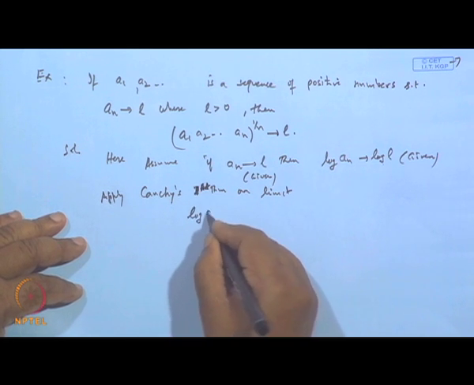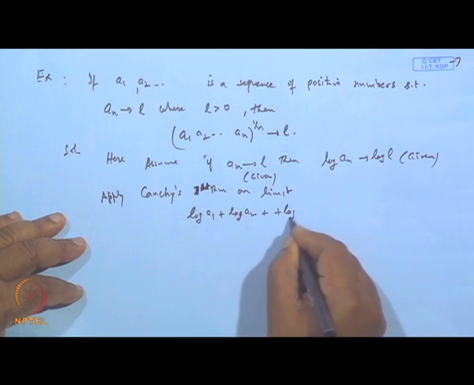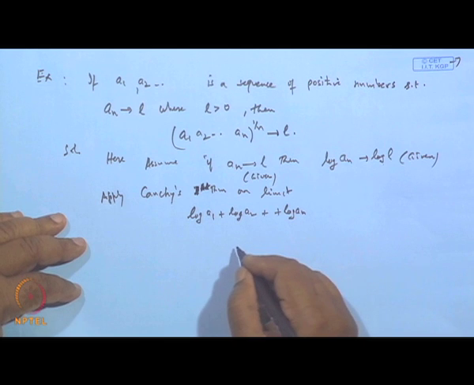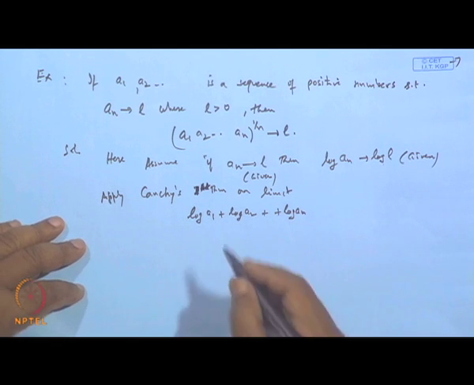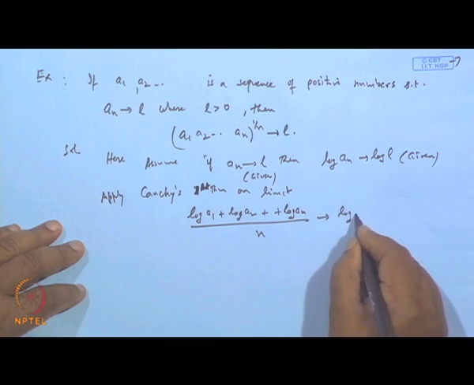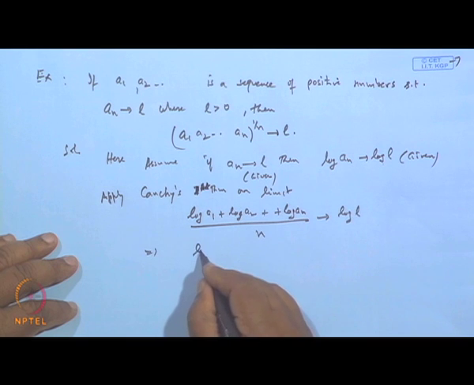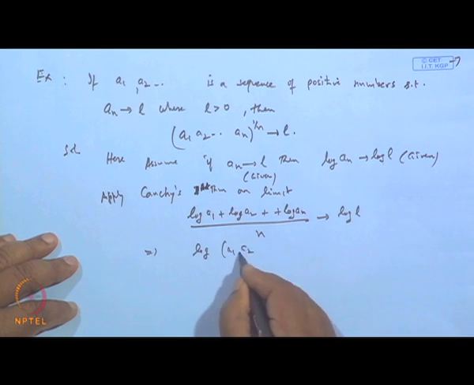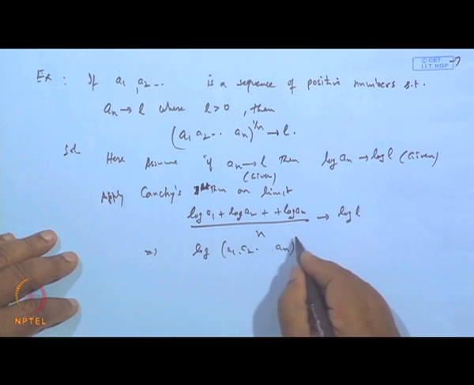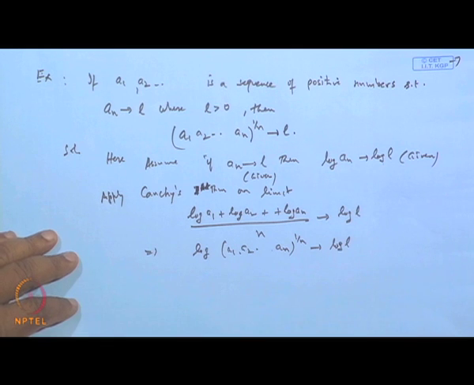So, (log A1 plus log A2 plus ... plus log An) divided by n will also go to log L by that theorem. But this is nothing but the log of (A1 A2 ... An) raised to the power 1 by n, which will go to log L by the property of log.